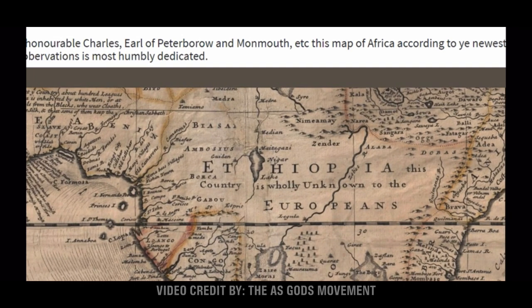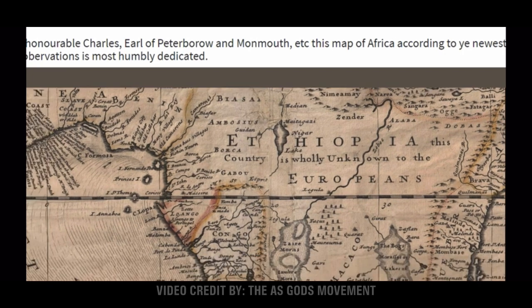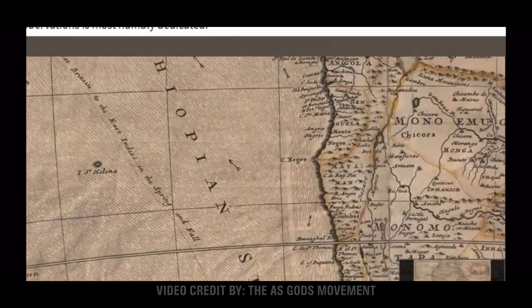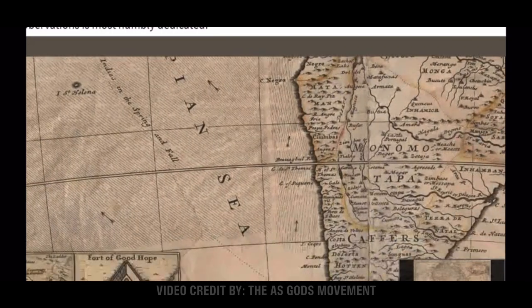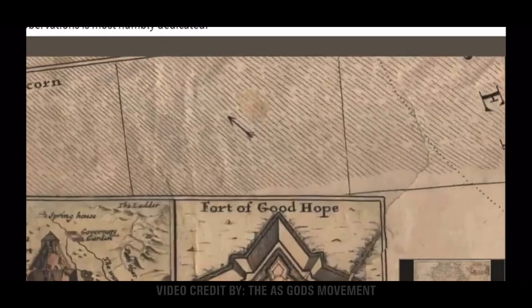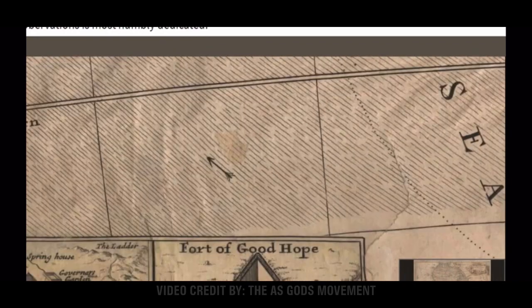What do they call the continent of Africa? Ethiopia. This country is wholly unknown to the Europeans. So what was the name of this water? Ethiopian Sea. The Ethiopian Sea.